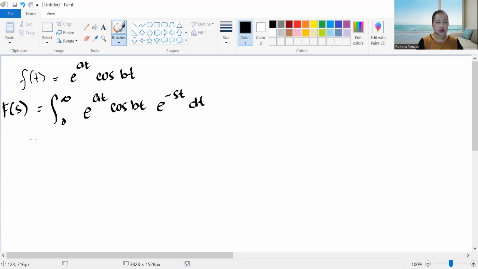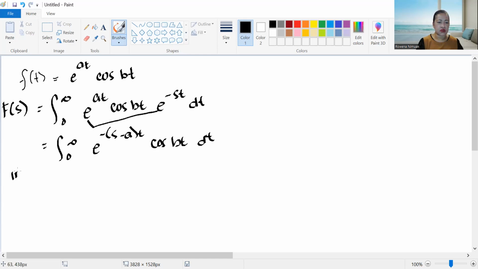If we combine these two, we have the integral of e to the negative s minus a t cosine of bt dt.